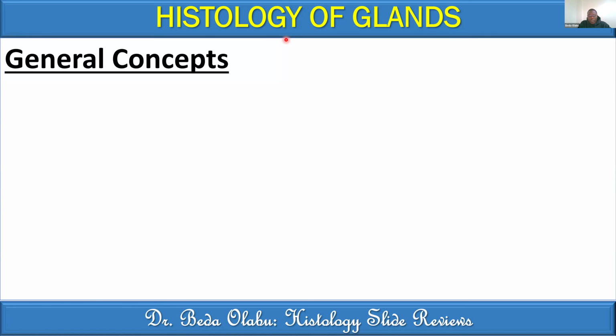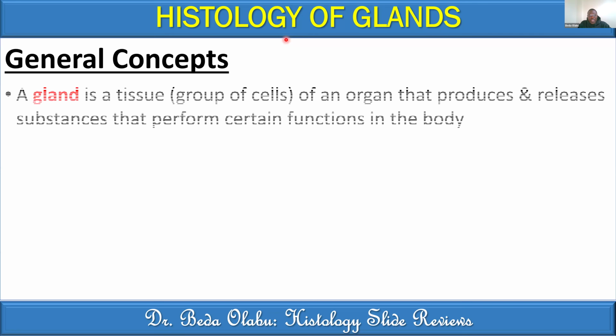So generally, when you talk about a gland, remember a gland is a tissue, a group of cells within an organ that can produce and perhaps release substances that perform certain functions in the body. So whatever qualifies to be called a gland should be able to produce or release some substances that perform some functions in the body.